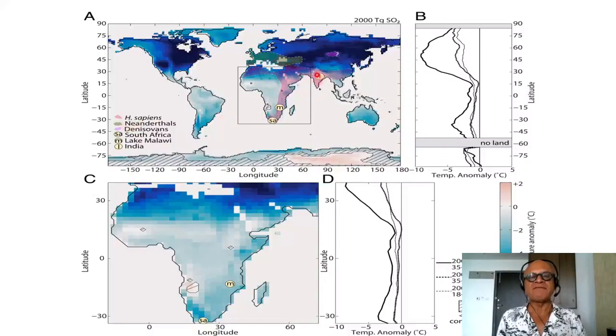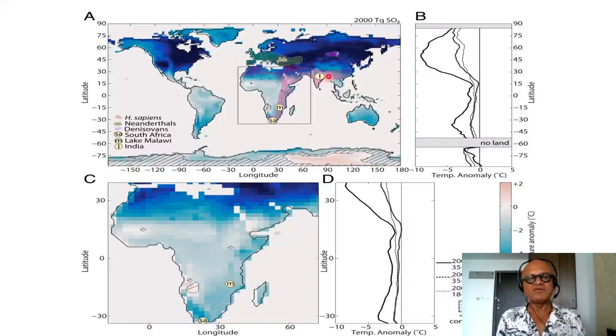There is separate evidence that the hominins survived the eruption in India. Neanderthals were present here in small places, South Africa, Lake Malawi, and India locations. Denisovans, we don't know if they were around, but that remained an interesting bit of evidence anyways.